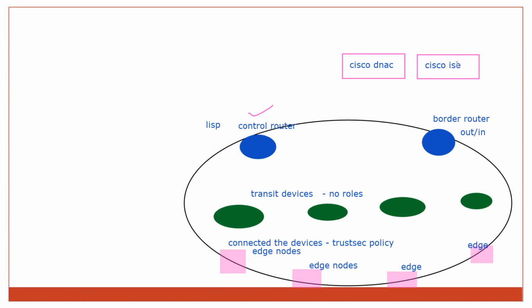And they are sitting in the management plane. So in this diagram itself, you will see that you have something called the management plane, the policy plane, and then the control plane.